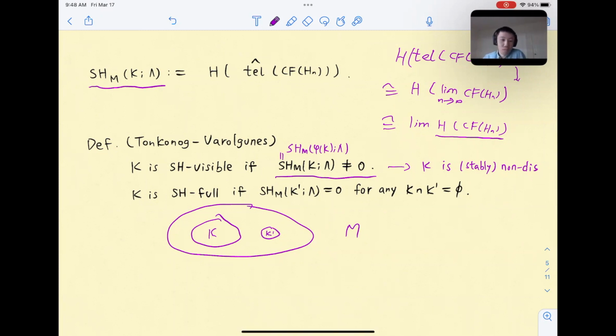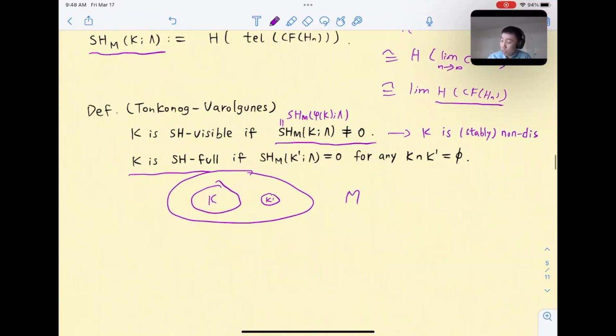So then you can study this Hamiltonian displacement. And the second definition you can see is somehow trying to mimic these rigidity and super-rigidity properties. An SH full set K must intersect any SH visible set. So that's the two definitions.